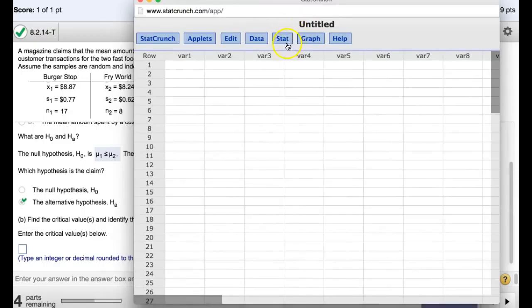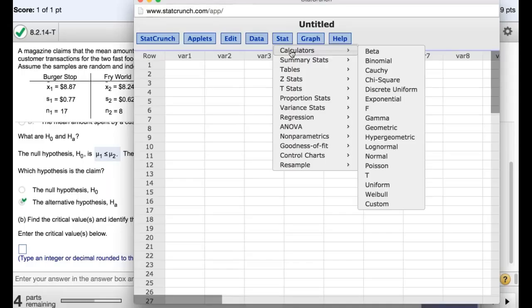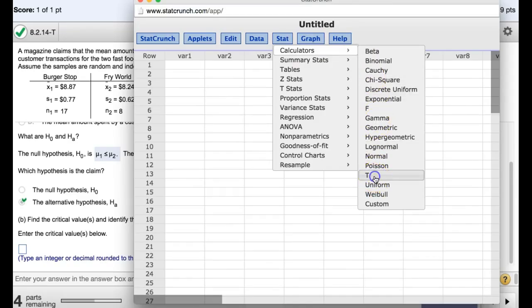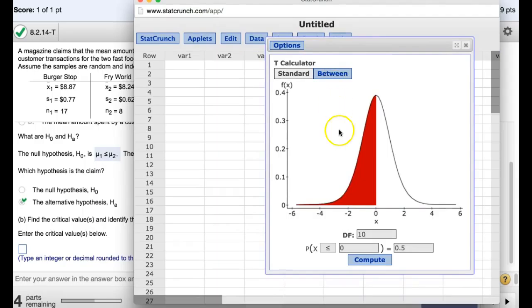The first thing we want to do is go to Stat, then Calculator, and since we know that we have to do a t-distribution, we'll go down to t. Do you see how it gives us this portion in red here that's under the curve? That's the probability that we're talking about.